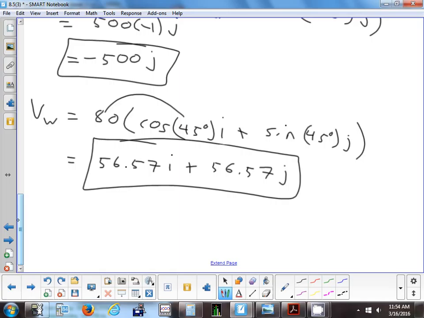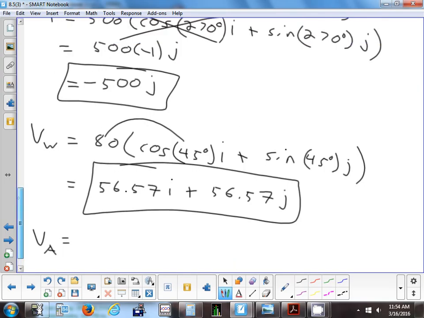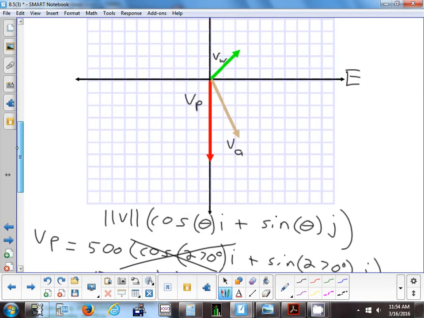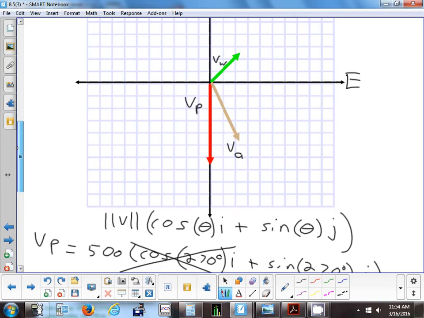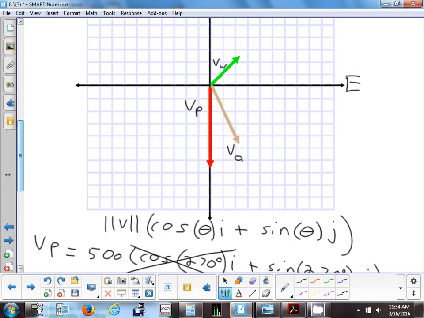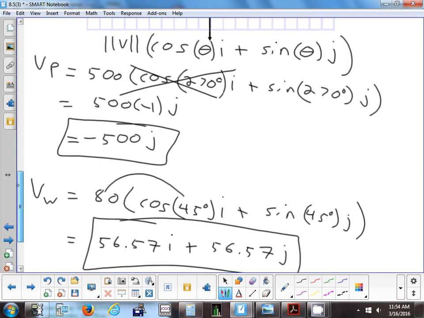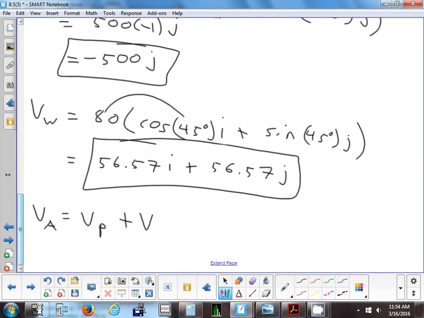Now, how would you find the actual velocity vector for the plane? What would you do with these two? You would add them. Okay? That's how I got that arrow in tan. I just put one onto the end of the other. Just add them together. So this is v sub p plus v sub w.